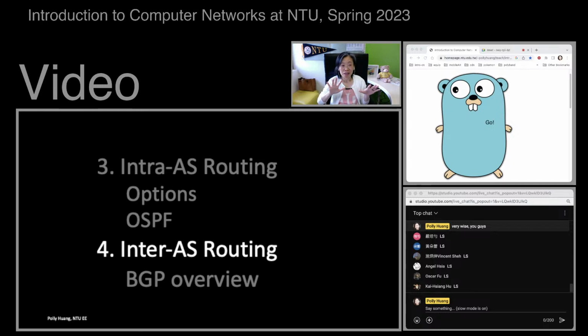So the bone of BGP is still distance vector, but we extend it in multiple ways: from distance vector to path vector, from shortest path computation, Bellman-Ford, to policy-based computation. Now, the next video, only 4 minutes, is just an illustration of what I just said in this video.